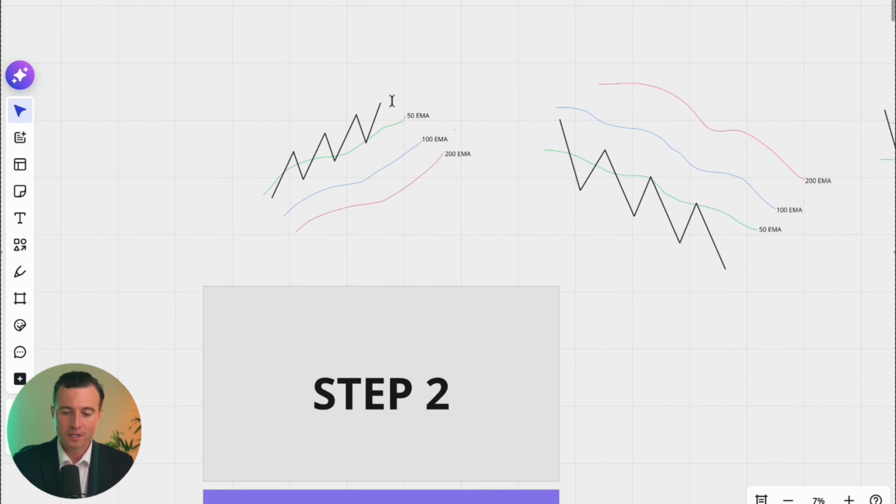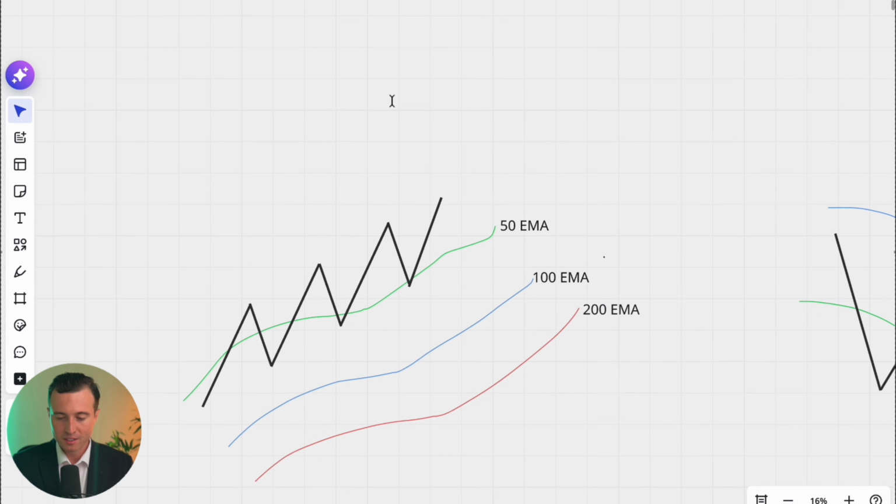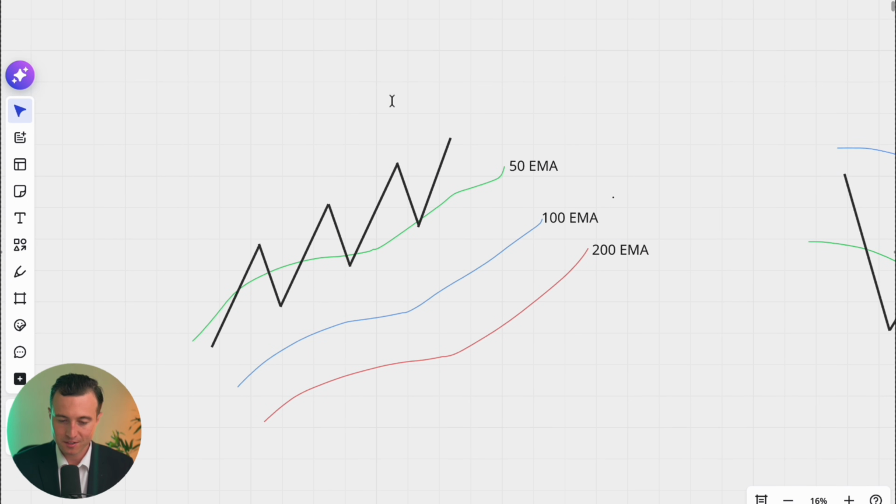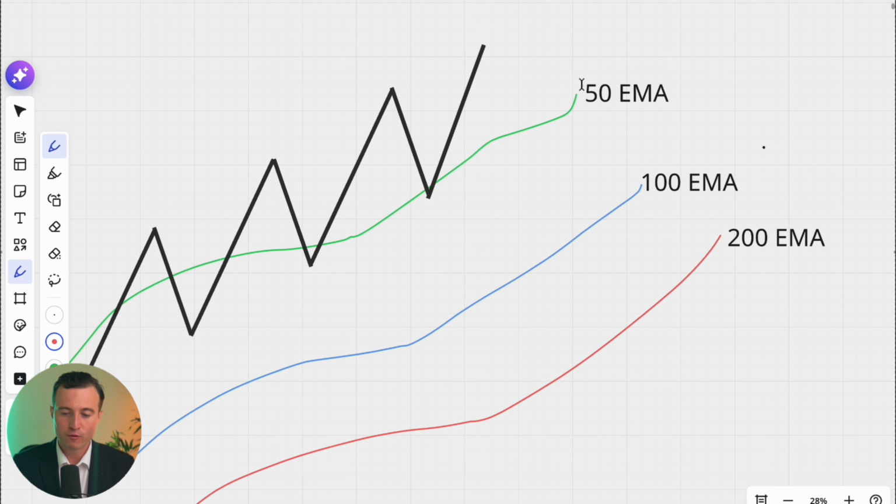Step 1 is simple directional bias. So when the 50 exponential moving average is greater in price than the 100, which is greater in price than the 200, this indicates to you as a trader that you have a long daily directional bias.